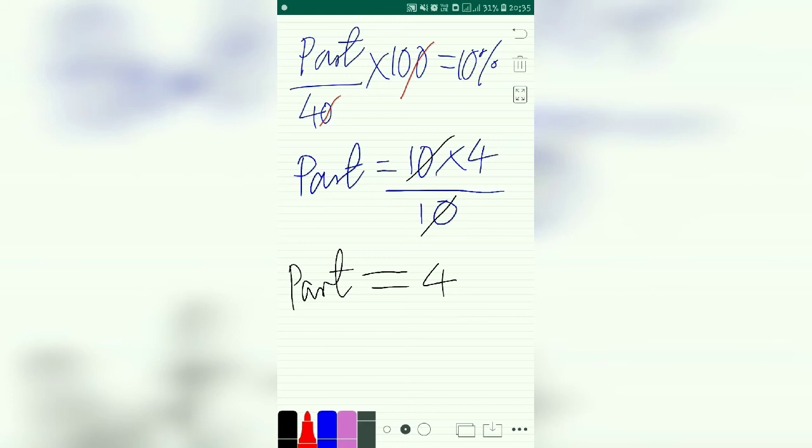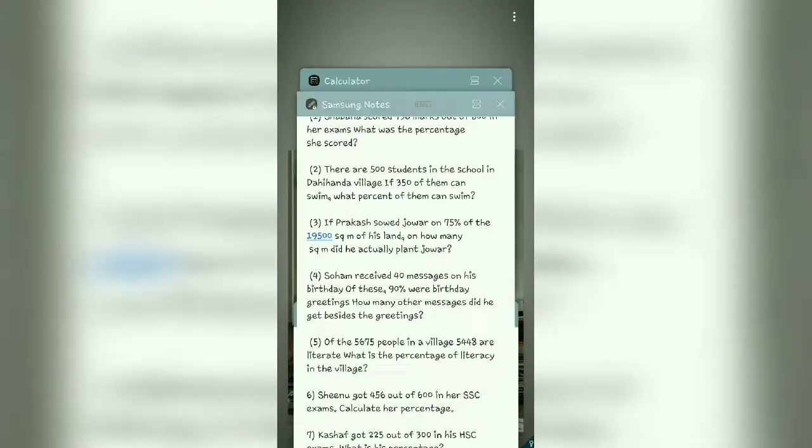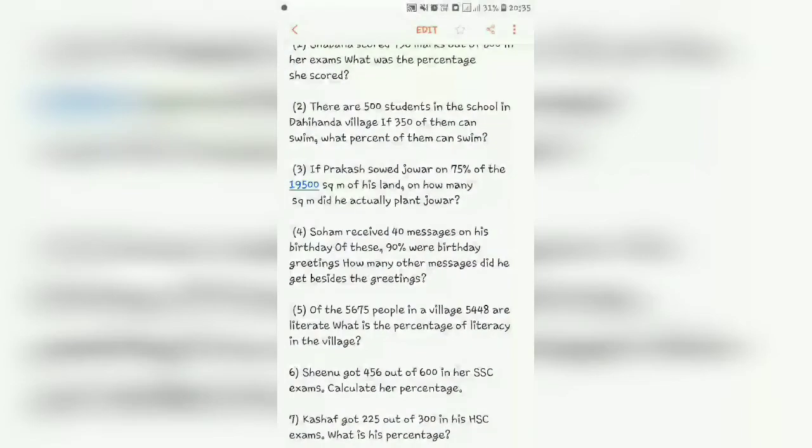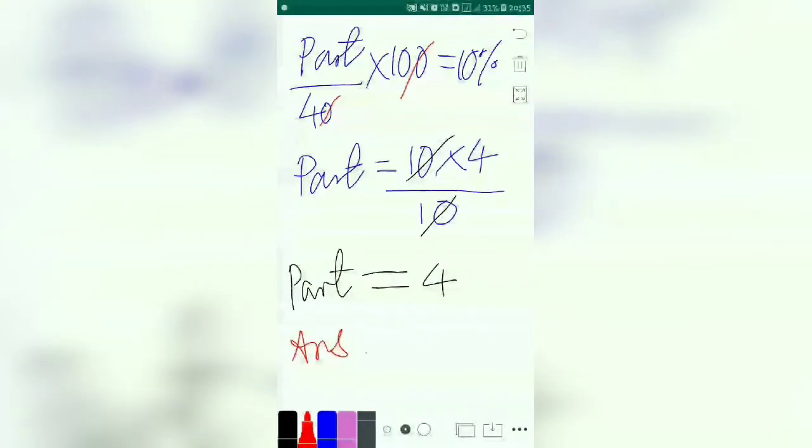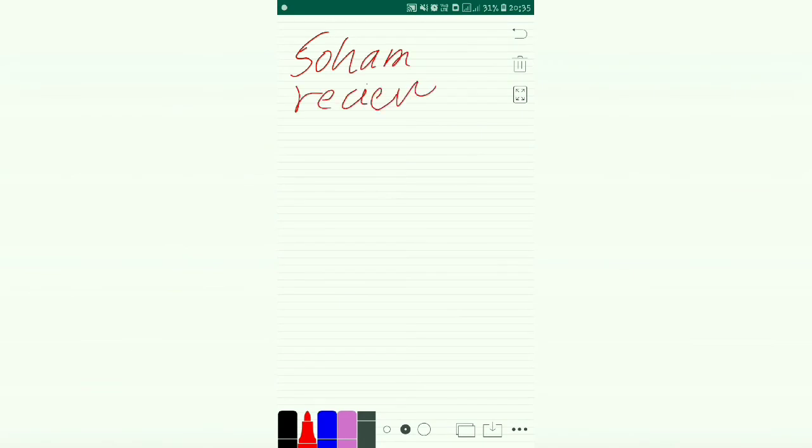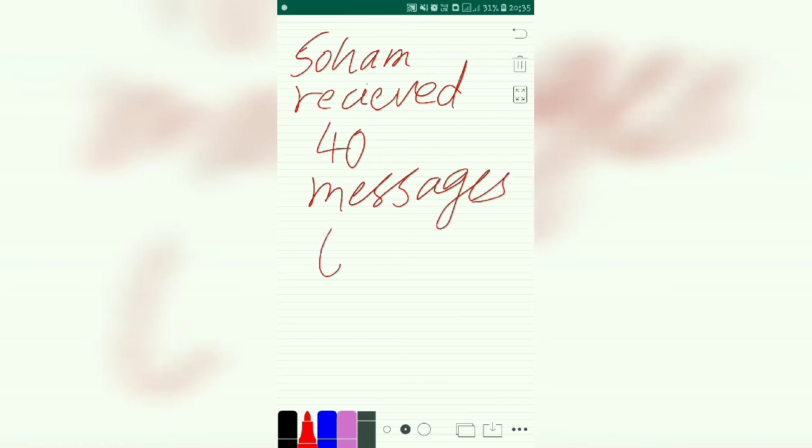After this we can write the final answer as: Soham received 4 messages besides the greetings.